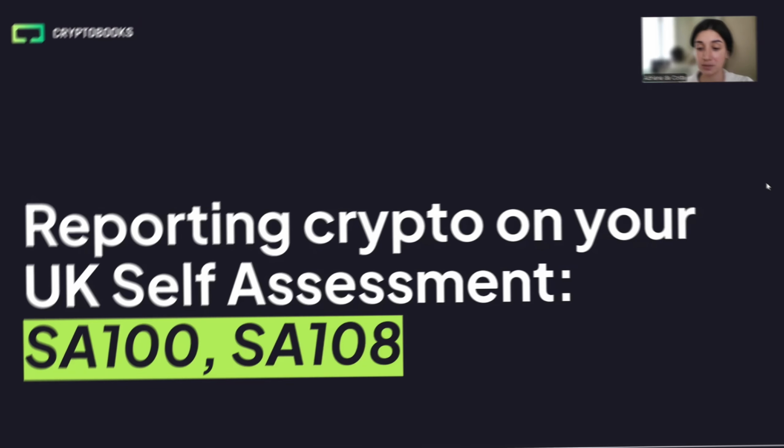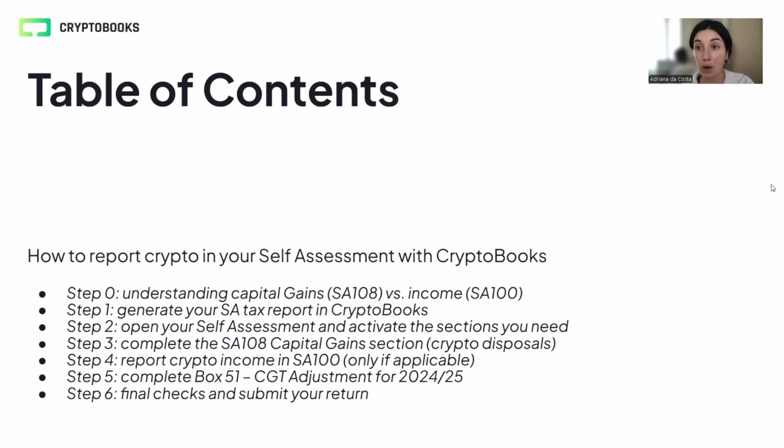Let's get started. This is our agenda for today. So basically, we will see how to report crypto in your self-assessment with CryptoBooks. The first step, step 0, is understanding capital gains SA108 versus income SA100. Step 1 is how to generate your SA tax report in CryptoBooks. The second step is open your self-assessment and activate the sections you need.